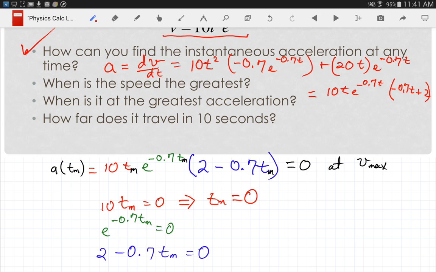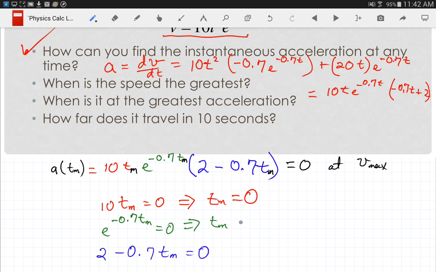Now let's just go straight to the next one, Jaron. At what time is e to the minus 0.7 tm equal to 0? This one here is a little more esoteric.